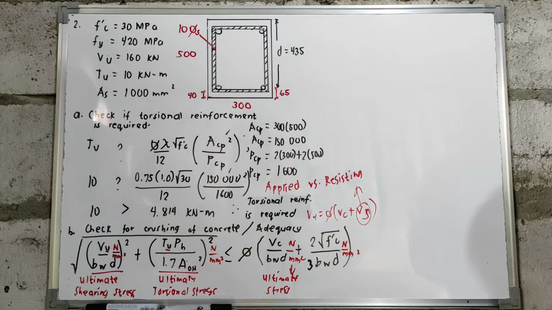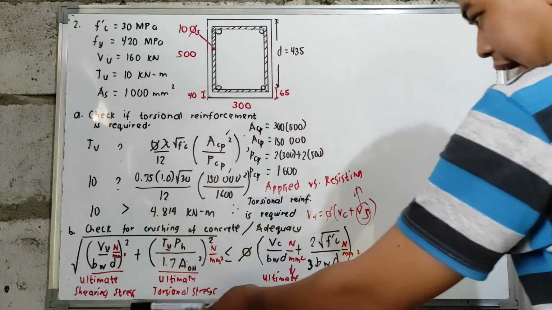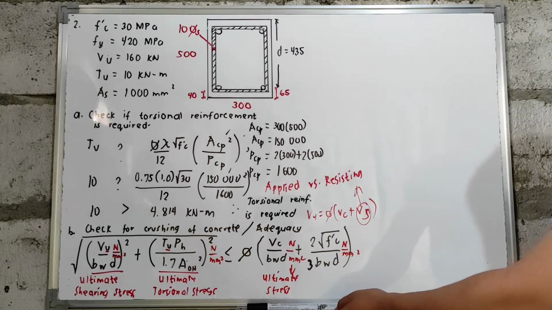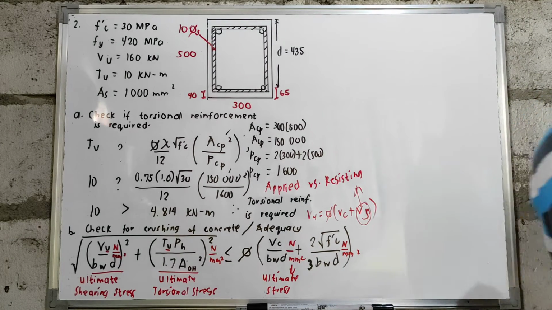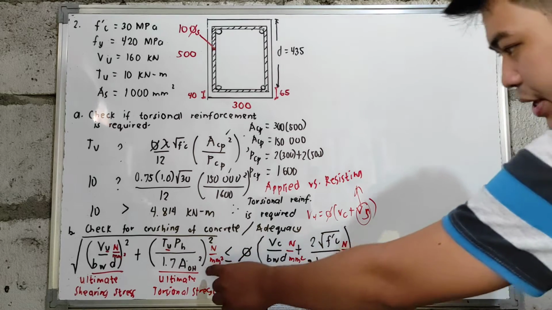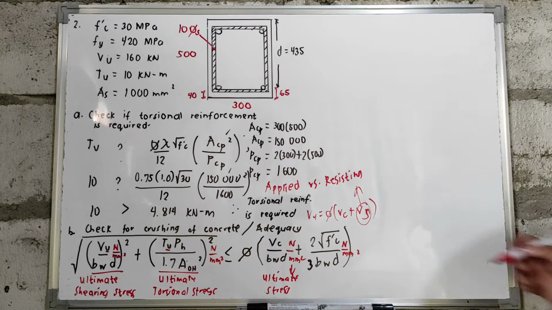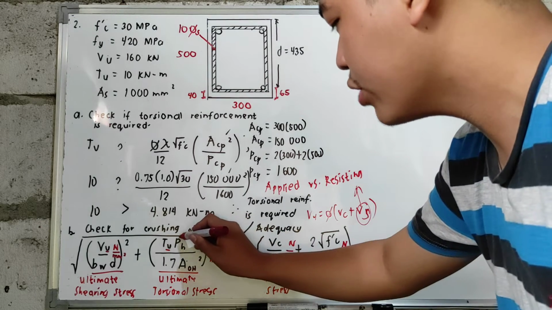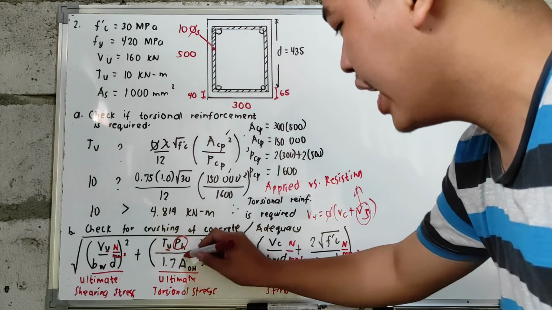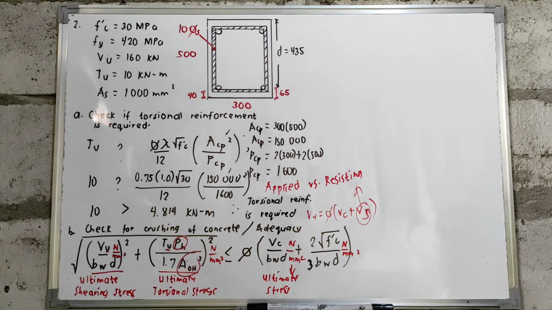So sir, paano po natin i-compute ngayon yan? Okay. So dealing with pagkuha ng Aoh natin, at saka yung ph natin, kasi ito lang naman yung bago sa paningin natin. What will be the value of your ph and what will be the value of your Aoh? So, ginagawa natin yan, kinukuha natin yan dun sa center to center ng stirrups natin.